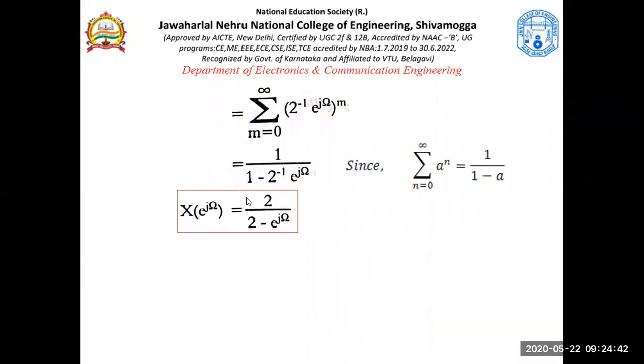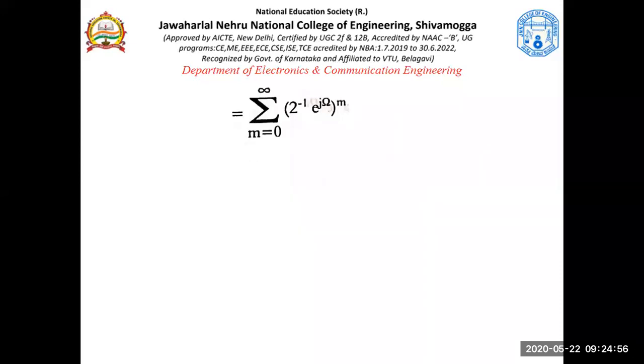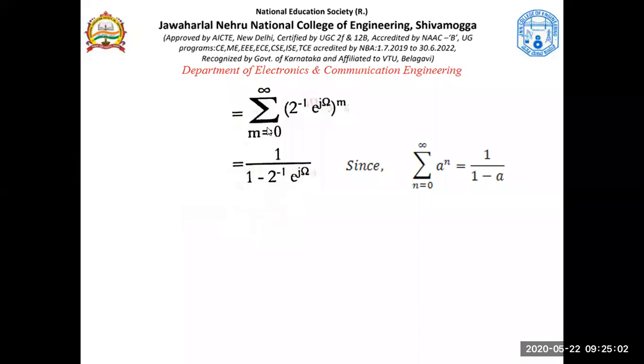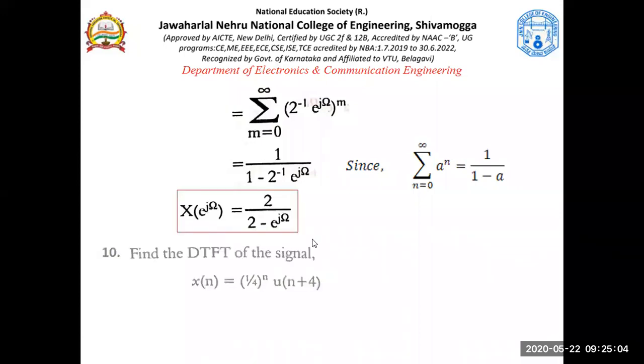So quite simple problems. You would enjoy this if you solve, because they're all simple enough. The only thing is you need to be good enough to understand the range defining functions, u of minus n in this place, then u of n plus 4 in the previous case. If you understand that, your dealing with the summation would become good. Now see here, you have n plus 4. In the previous case it was u of n minus 4, so it is u of n plus 4. What is the range of u of n plus 4?